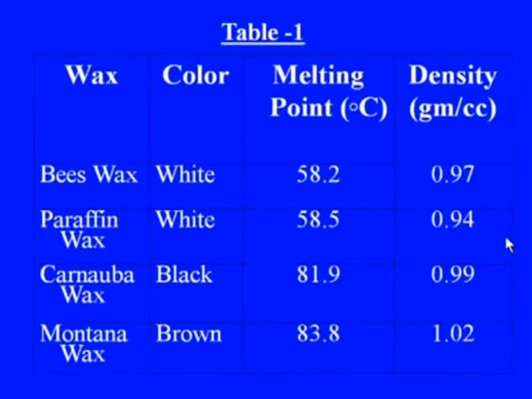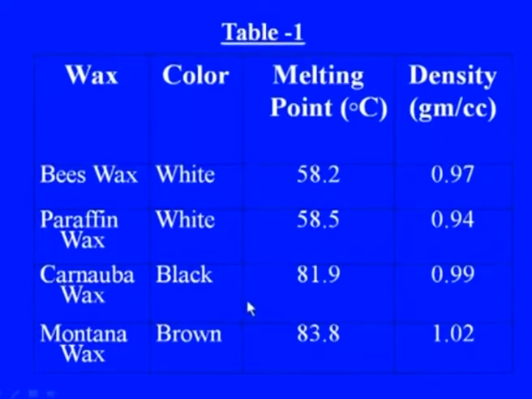Then carnauba wax appears black and has a much higher melting point in comparison to the previous two waxes, beeswax and paraffin wax. This is 81.9 degrees Celsius, and density wise also it is slightly more, at 0.99 gram per cubic centimeter.